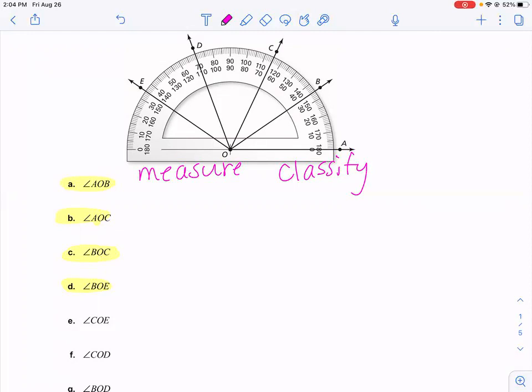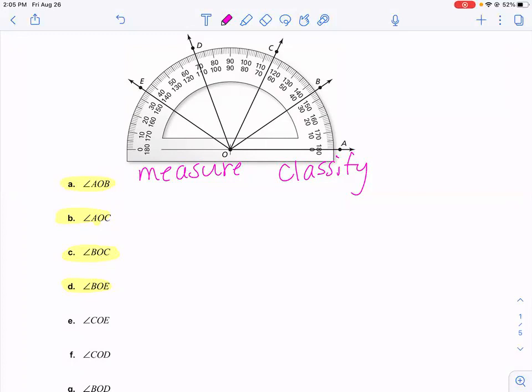So what happens if it starts on B? I'll do AOC. That would be 65 minus 10, 20, 30, 40, 50, 65. 30. BOC. Acute 30. BOE is definitely obtuse. 145 minus 65.